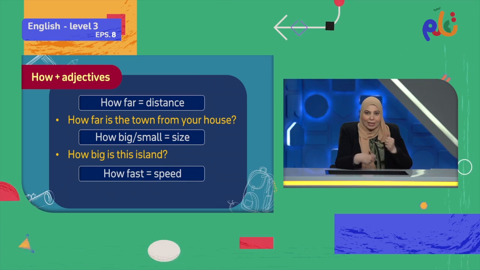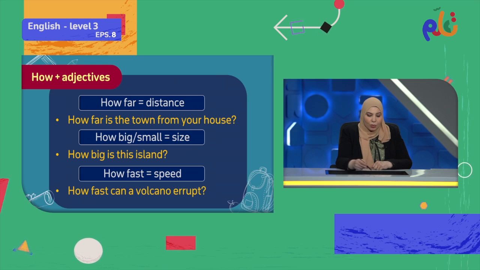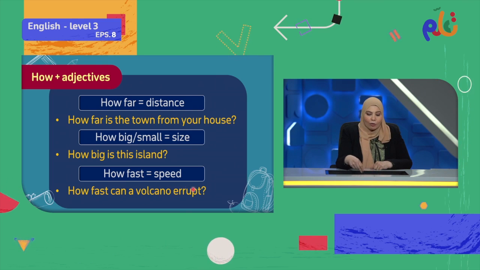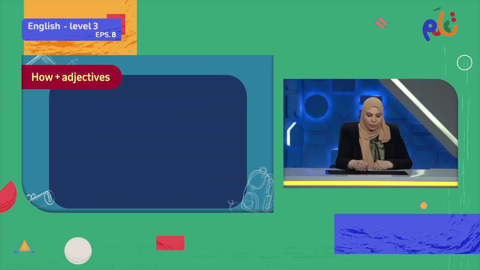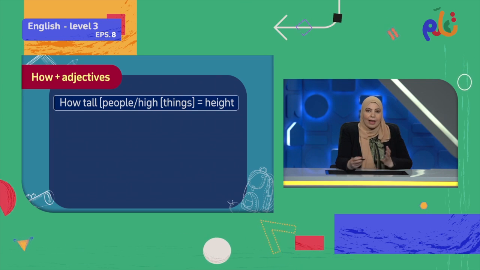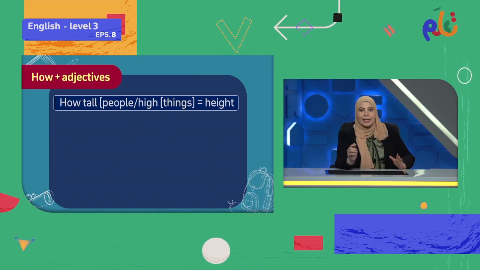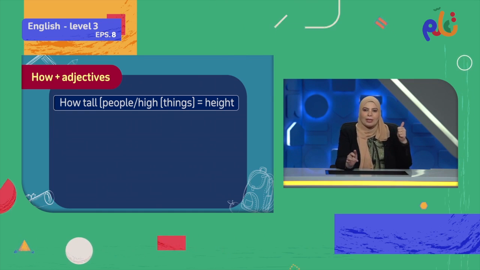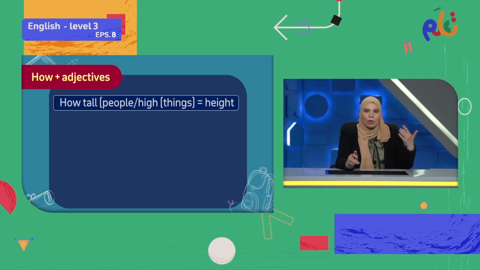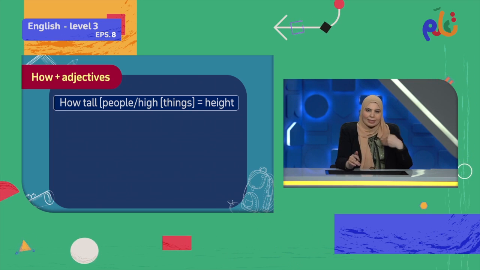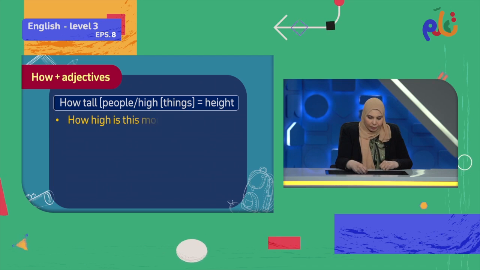How fast to ask about speed, like when we say how fast can a volcano erupt? And we also have how tall, if I'm asking about people's height, and how high if I'm asking about objects. So if I'm asking about a mountain or tower, how high, and if I'm asking about people, how tall.